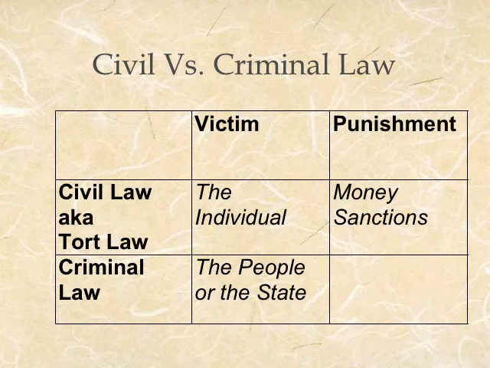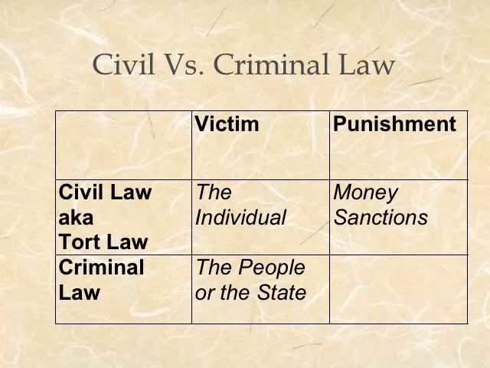Now, in this table, what you'll see is to your left, you have civil law, which is also known as tort law, T-O-R-T law. Now, the victim in civil law is the individual, and the punishment is money or sanctions. In other words, compensation to get you back to where you were before the incident occurred, or sanctions.